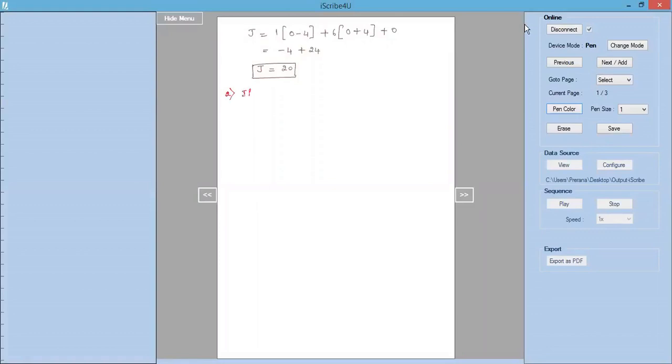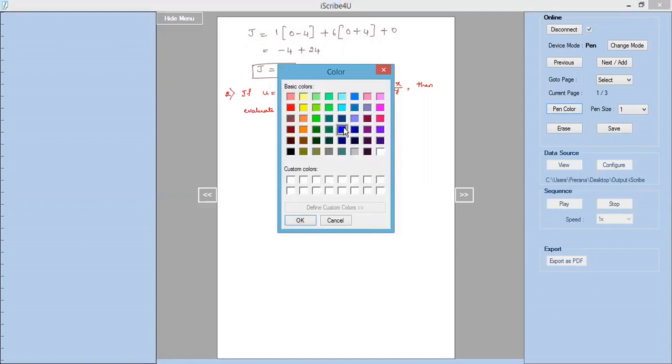If u is equal to xy divided by z, v is equal to yz divided by x, w is equal to zx divided by y, then evaluate the Jacobian of UVW with respect to XYZ. So let us take up this problem.